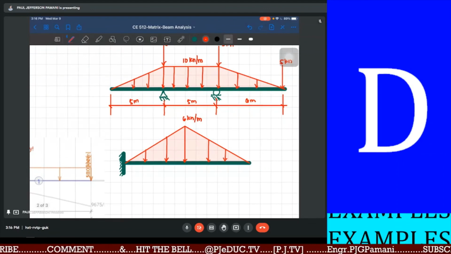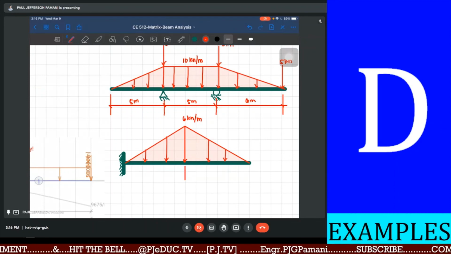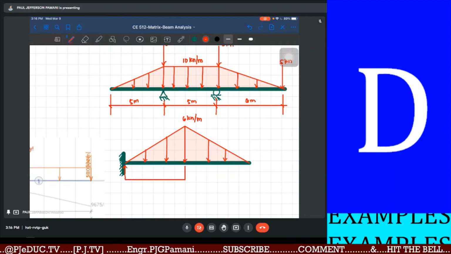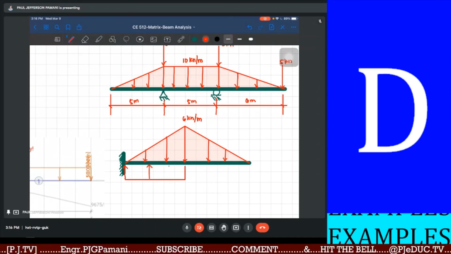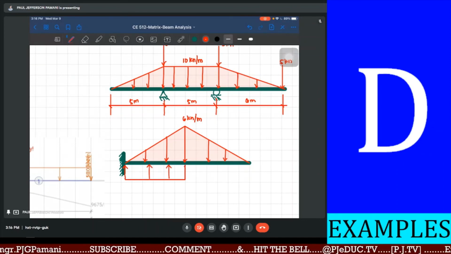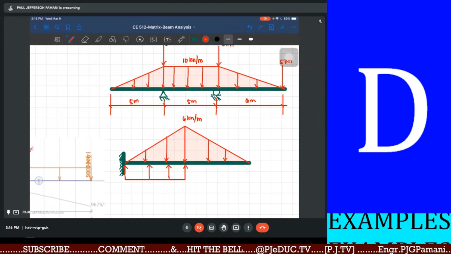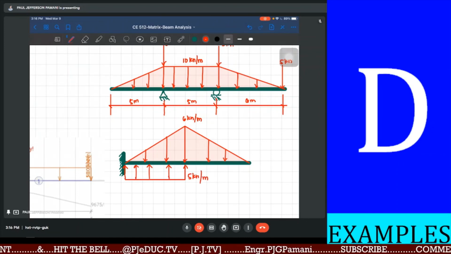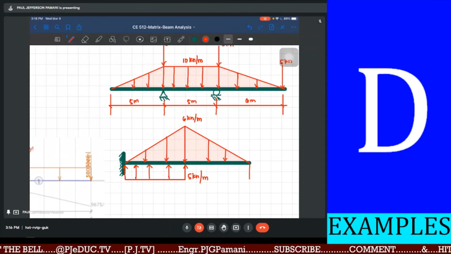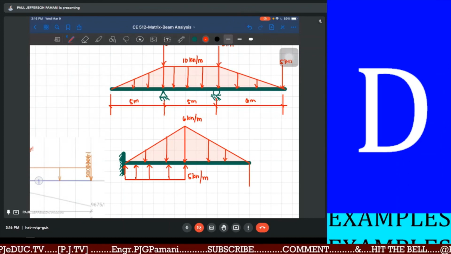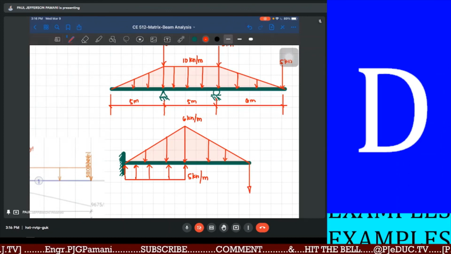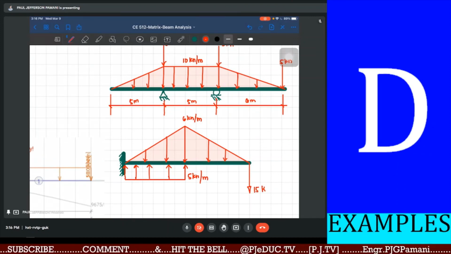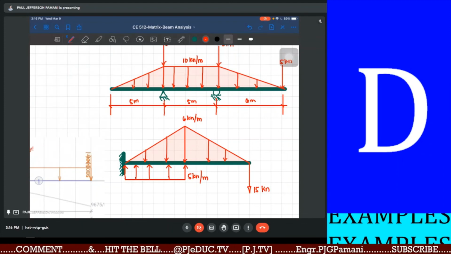Then there is a uniform load underneath it directed upward of 5 kilonewton per meter. And it is now sustaining a crane load of 15 kilonewton on its free end.